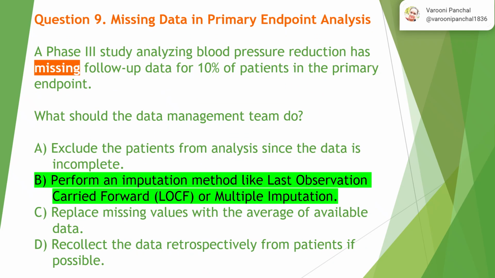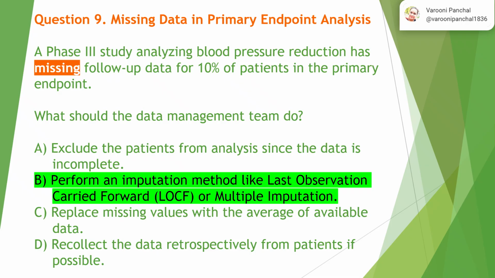Question 9. Missing data in primary endpoint analysis. A phase 3 study analyzing blood pressure reduction has missing follow-up data for 10 patients in the primary endpoint. What should the data management team do? Option A, exclude the patients from analysis since the data is incomplete.